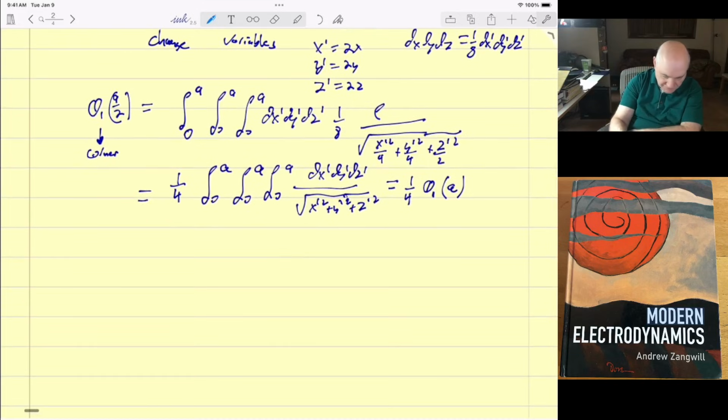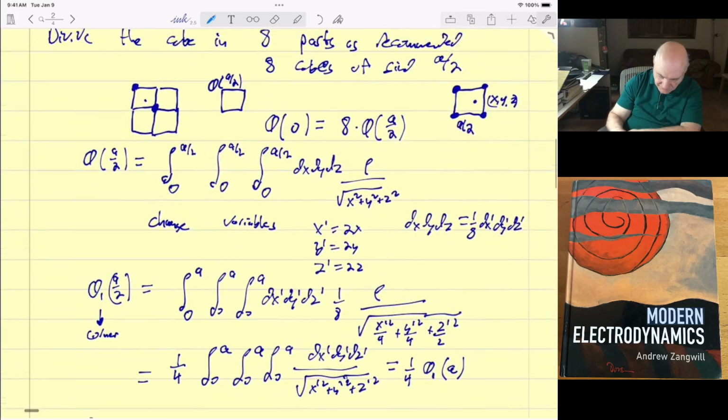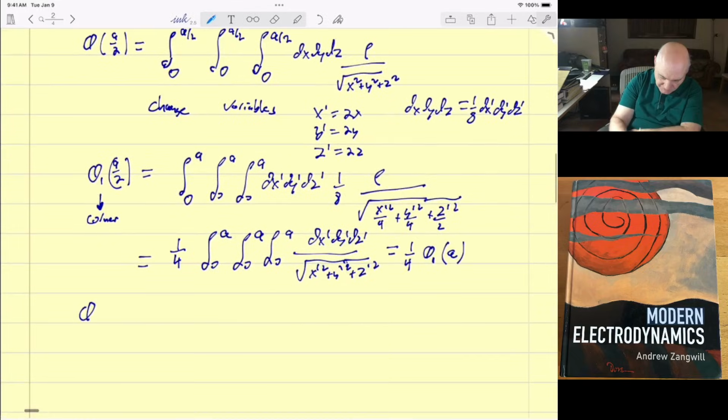So I have phi, let me see the notation that I used. Phi at 0, let's just say I have phi of 0, which is the center of a cube of size a, is equal to 8 times the potential at the corner of a over 2.